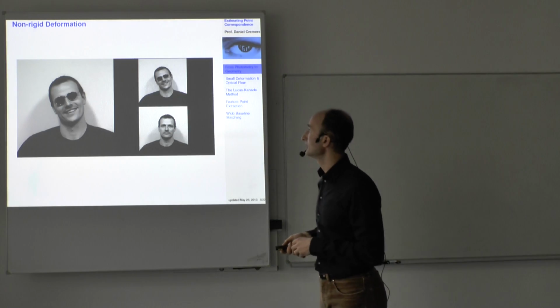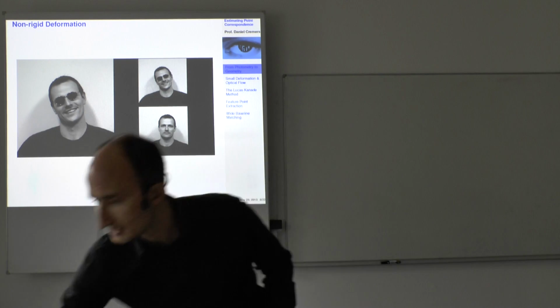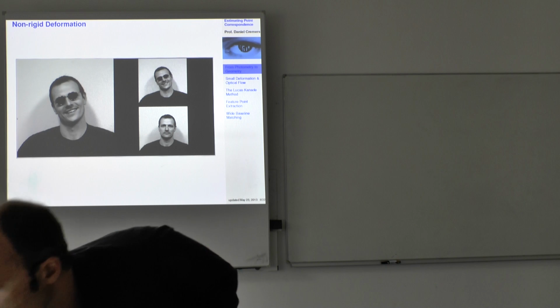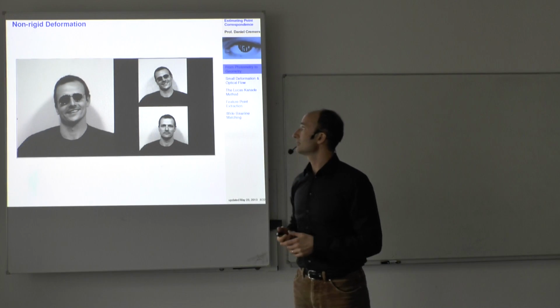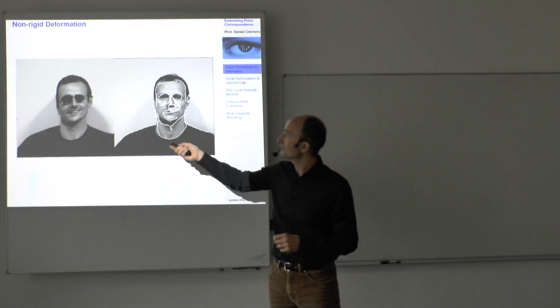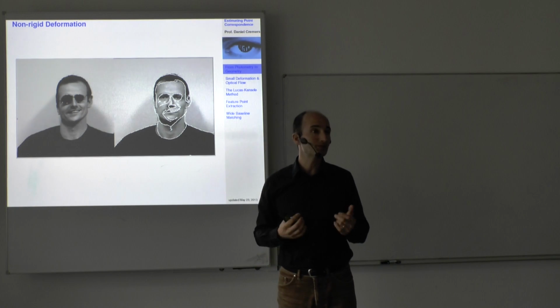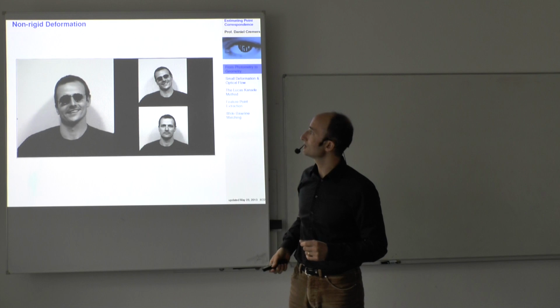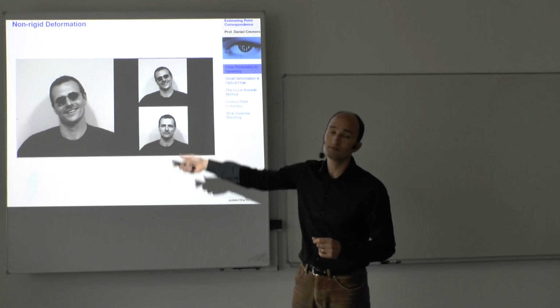Here's, for example, the result of this algorithm. This is a video. So here you see we have nowadays algorithms that can find correspondence despite substantial deformations. They can basically warp one image into the other, and this is what you see in this video here.